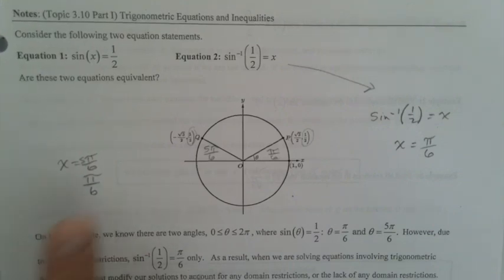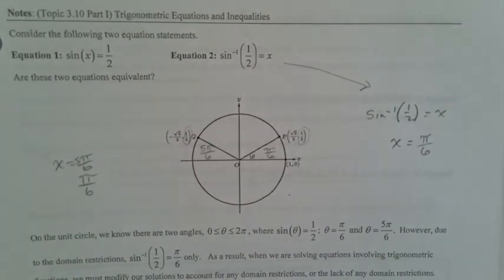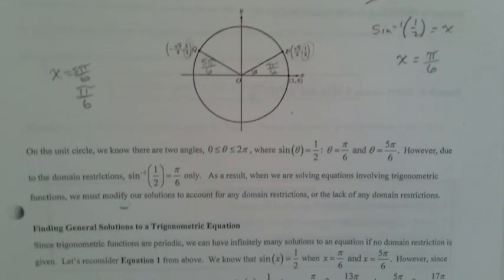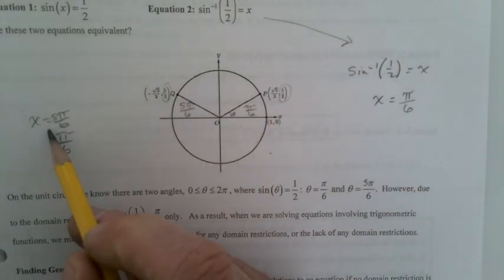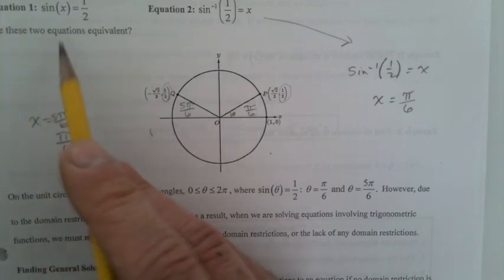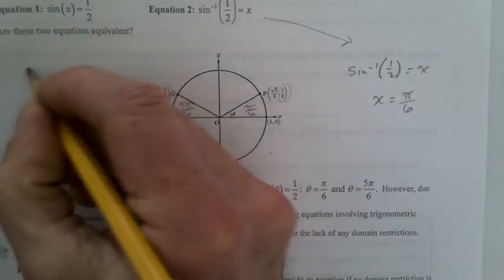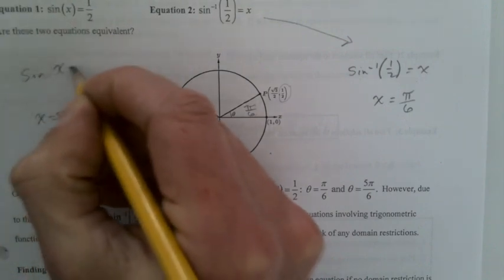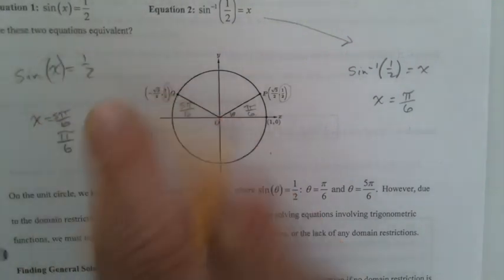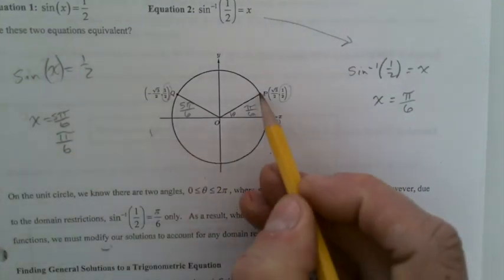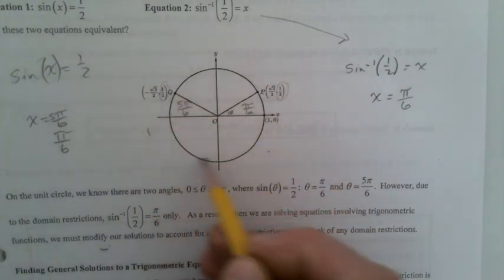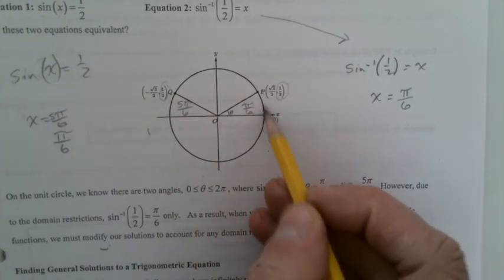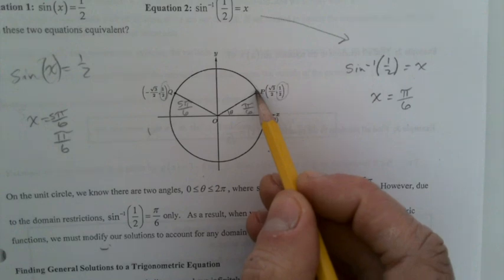The interesting thing is that means we need to expand our understanding of how to write our solution. Because, and it explains it right here, for this one, if we want to solve sine of x is equal to 1/2, I absolutely have answers here and here, but what if I were to start in standard position, open a full 2 pi radians, and then another pi over 6?